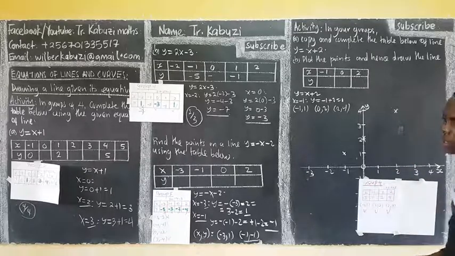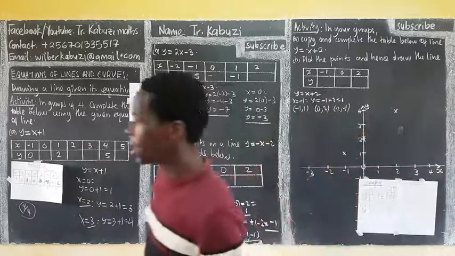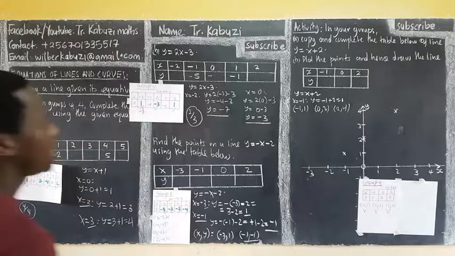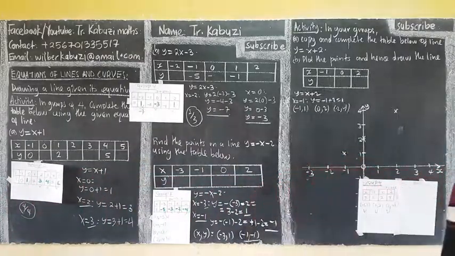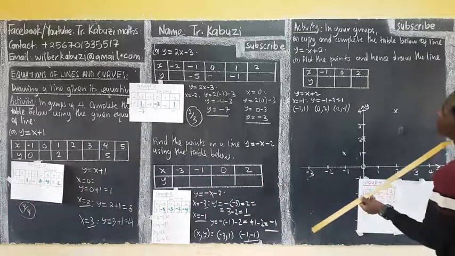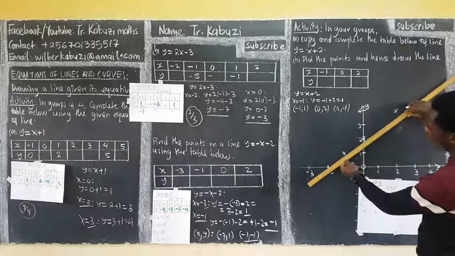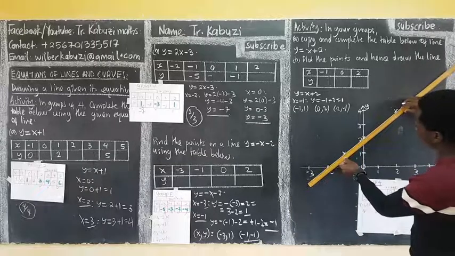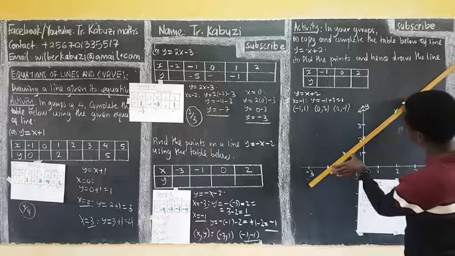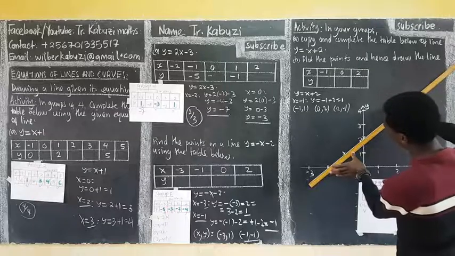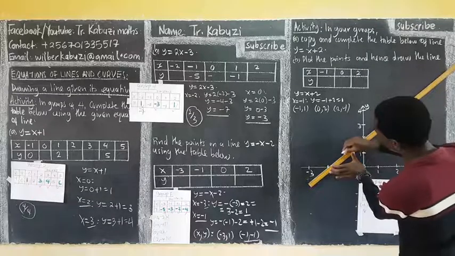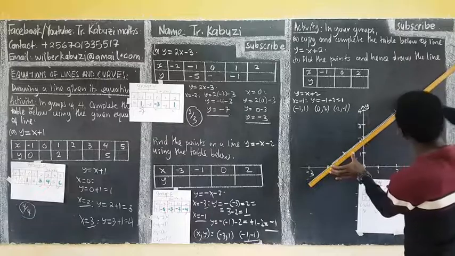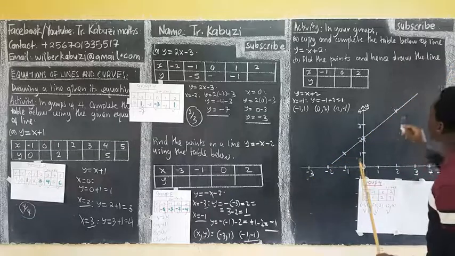Then after that, what do we do? We get a ruler and then we join those points. So I'll get my ruler like this, then I join those 3 points that I was able to generate. So that's how.